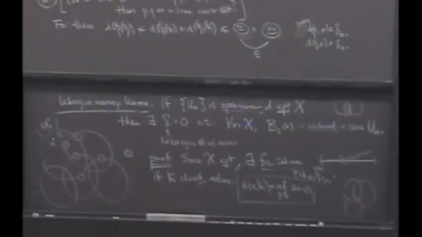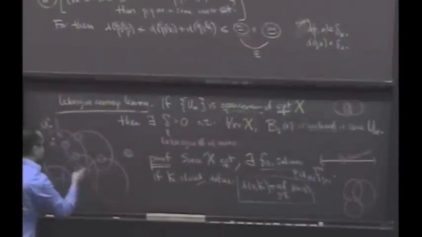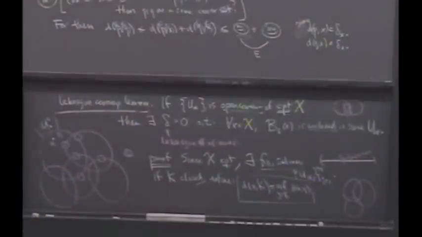Now, if x is not in a covering set, then the distance between x and the complement of this is what? Zero. So we only have finitely many covering sets. Let's look at the distance between x and all the covering sets' complements.